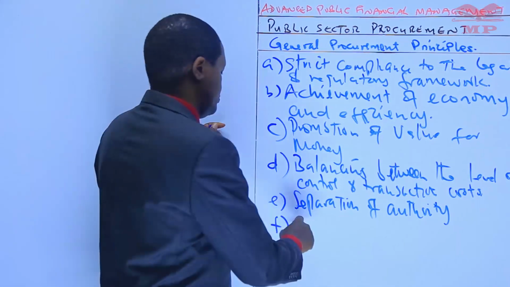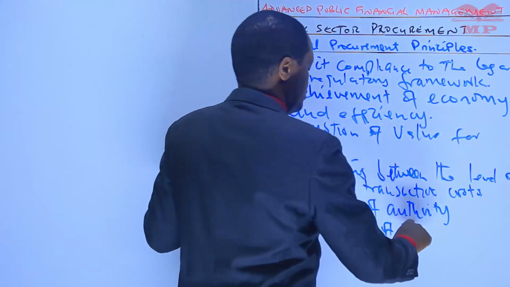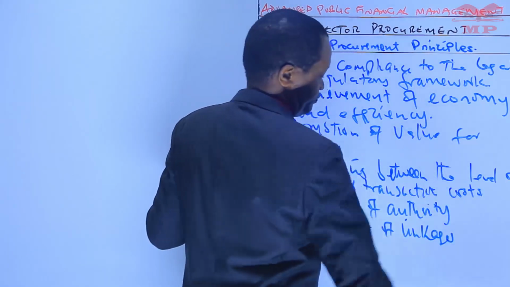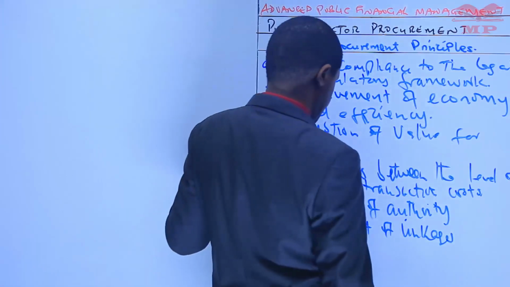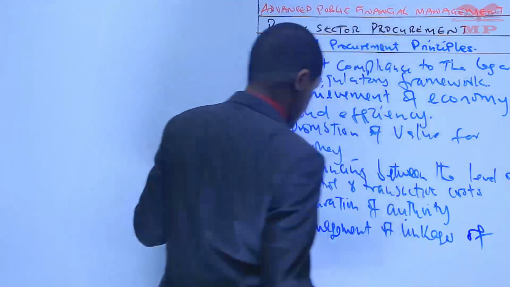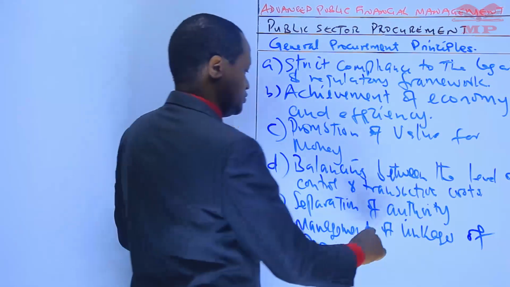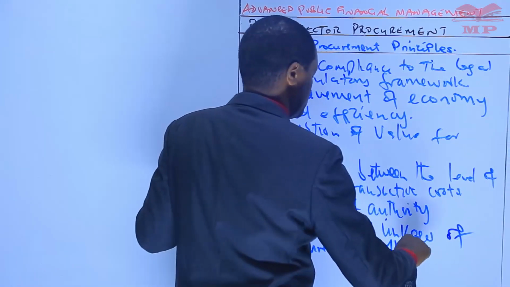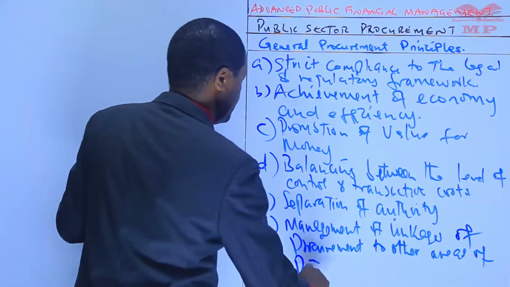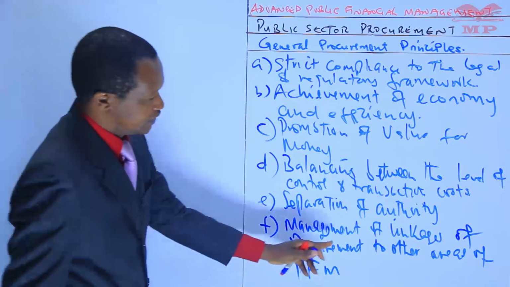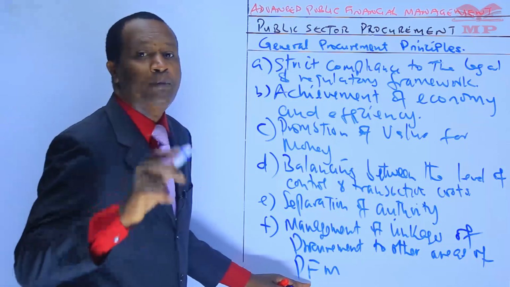Six, management of linkages. These are linkages of procurement to other areas of PFM. Management of linkages of procurement to other areas of public financial management.